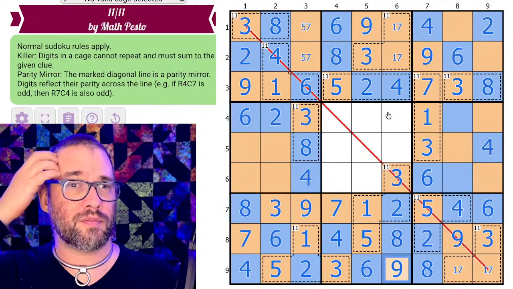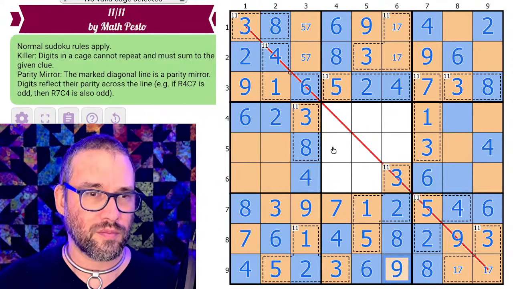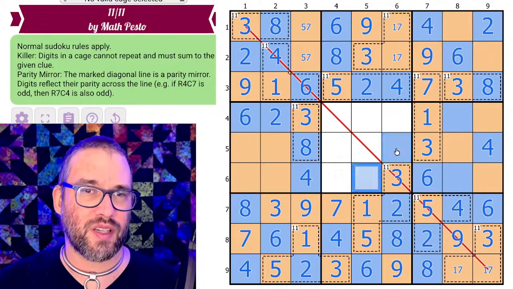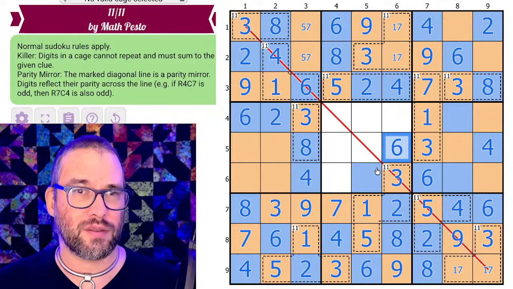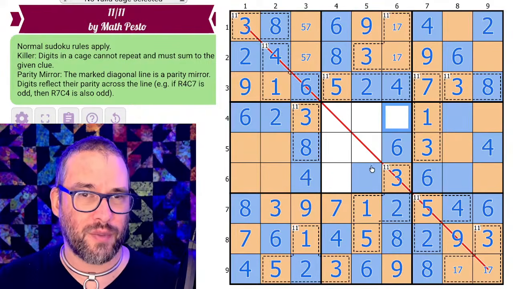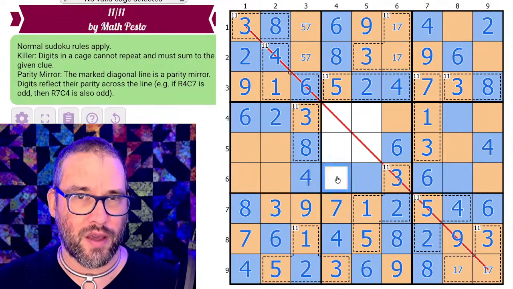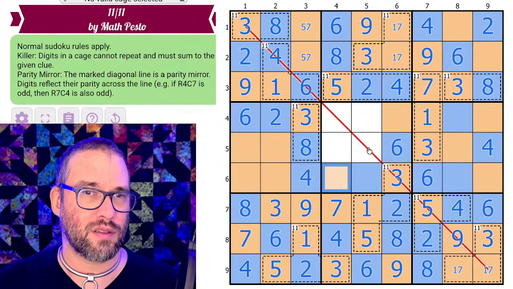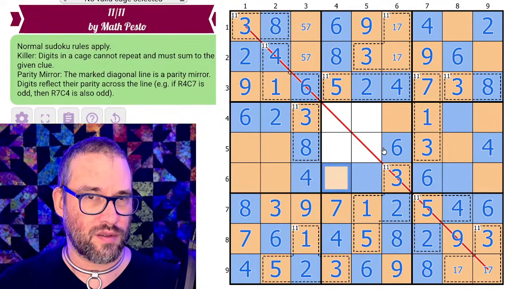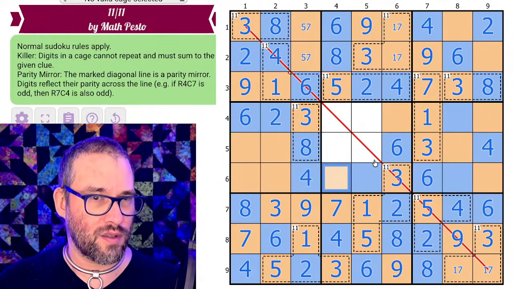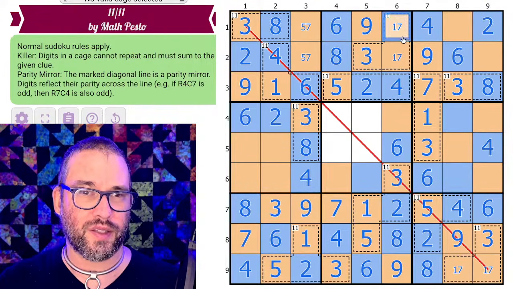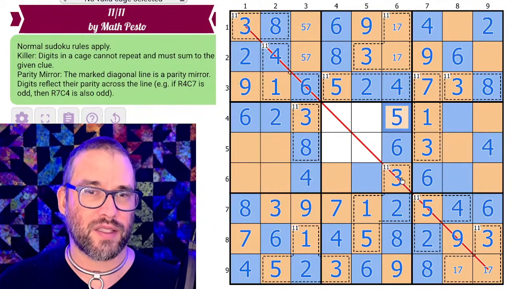6 now placed in column 6. So those are even. Which makes these odd. Let's see. Yeah, our last odd in column 6.